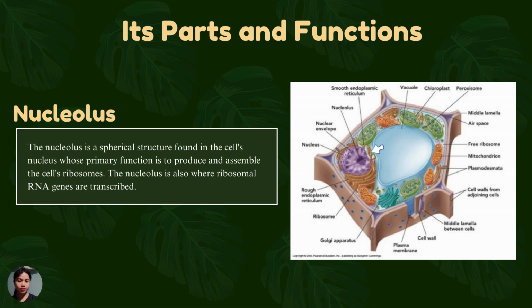Nucleolus function: it is a spherical structure found in the cell's nucleus whose primary function is to produce and assemble the cell's ribosomes. The nucleolus is also where ribosomal RNA genes are transcribed.